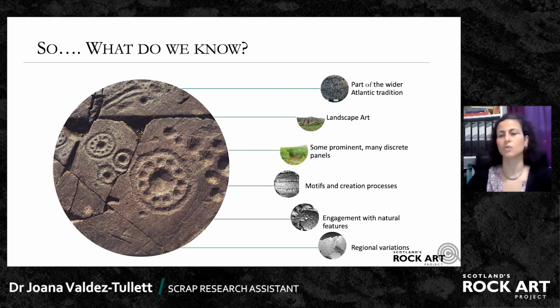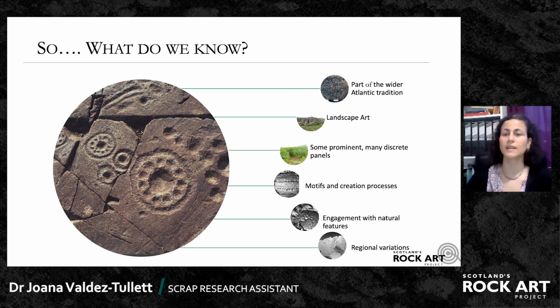We know that there's a majority of panels that are very discrete, with some more prominent ones possibly in central positions in the landscape. And this may be linked to visibility issues, which Linda will talk about later in her presentation.